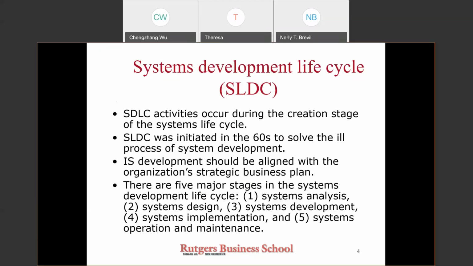What are the consequences of a poorly planned and executed system development process?